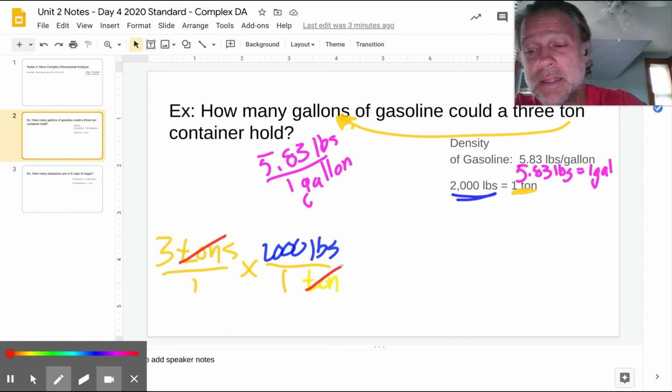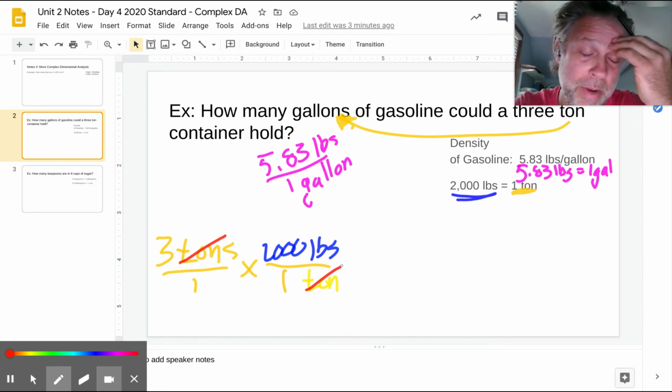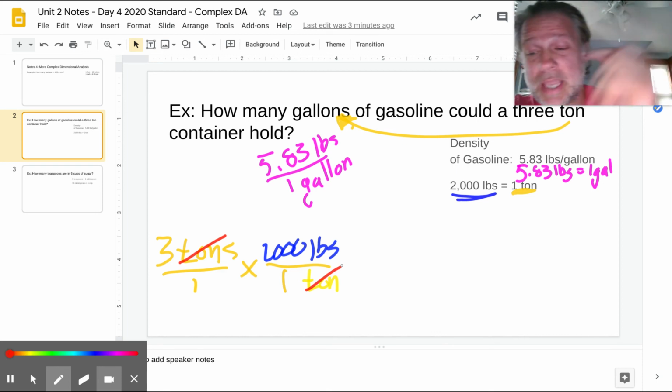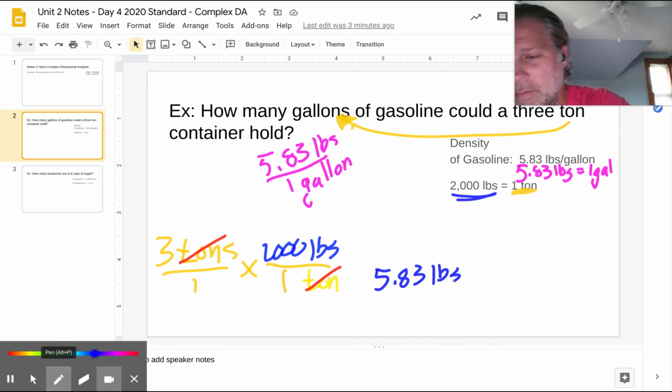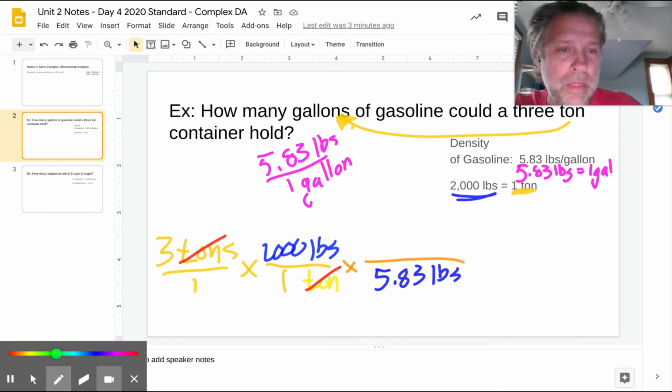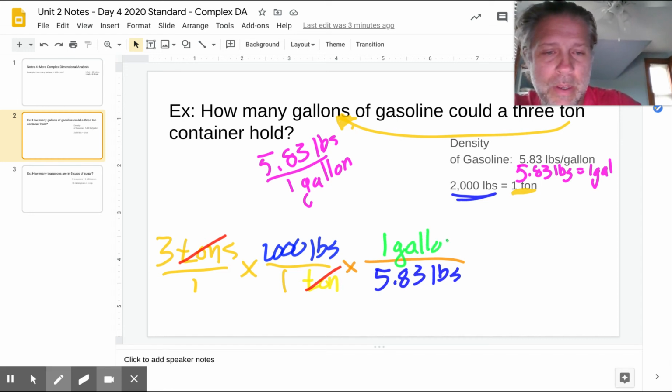And I'm going to set it up so that the pounds cancels out. So I'm going to take the 5.83 pounds and put it on the bottom. Got a little ahead of myself, got really excited. And then I'm going to take the 1 gallon and put it on the top.